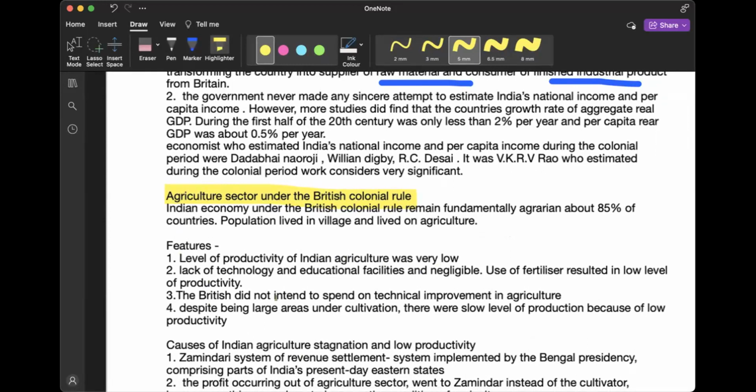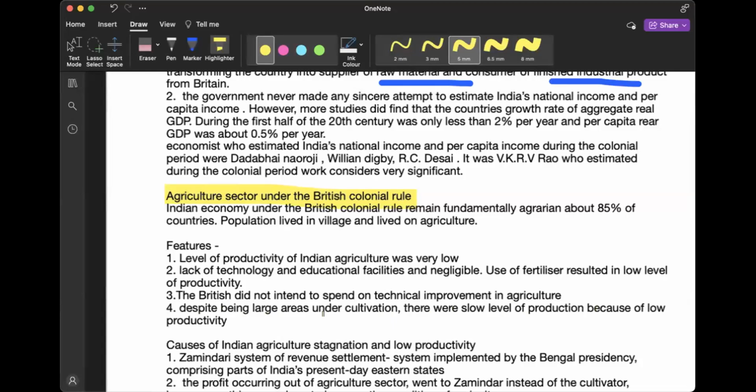Fertilizers, you know, they forced people to use fertilizers, and because of this, it resulted in low productivity. Third, the Britisher did not intend to spend on technical improvement in agriculture. See, technology is very important to grow the production, but Britisher never made any sincere attempt for that also, right? And despite large areas under cultivation, there was a low level of production because of low productivity.